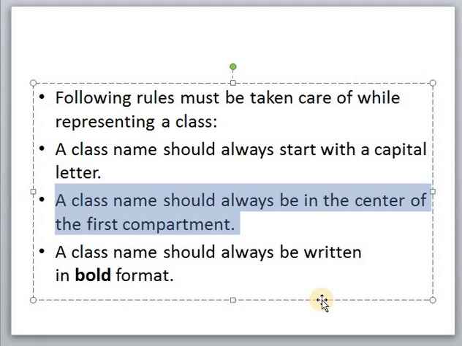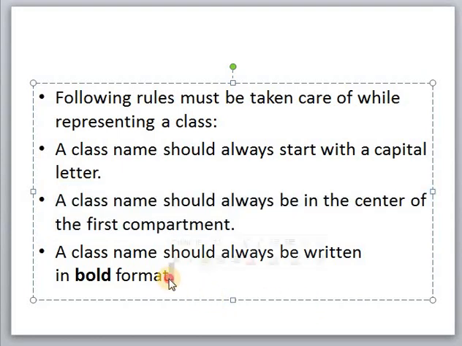A class name should always be in the center of the first compartment. Remember, the name of the class should always start with a capital letter and it should be in the center of the first compartment of that particular class structure. A class name should also always be written in bold format.